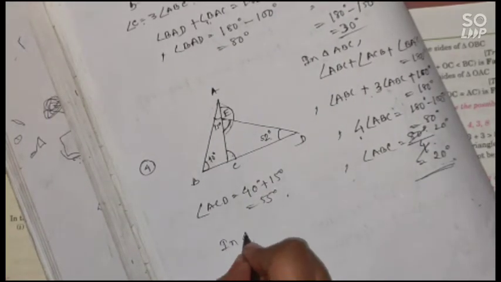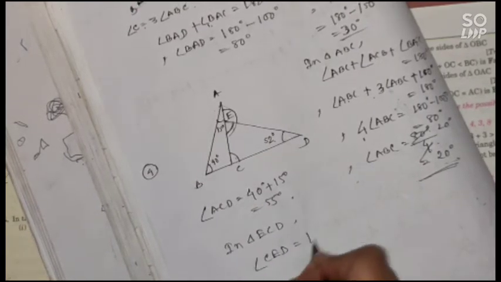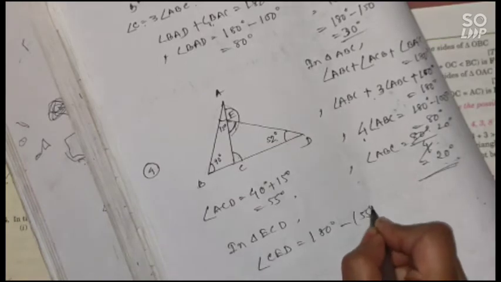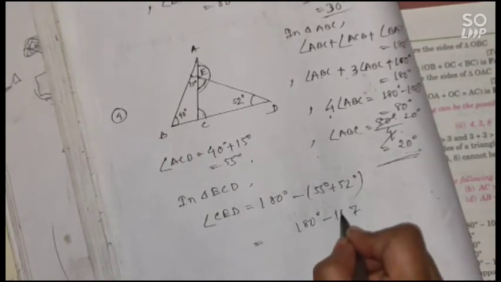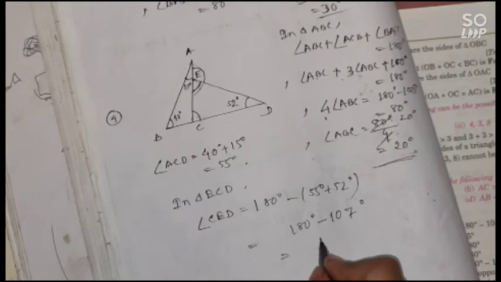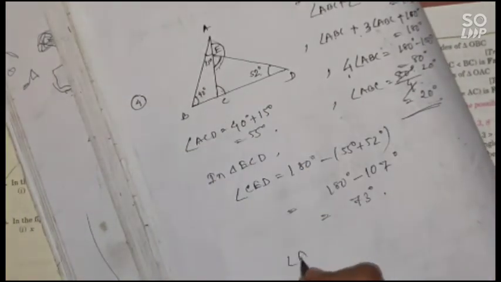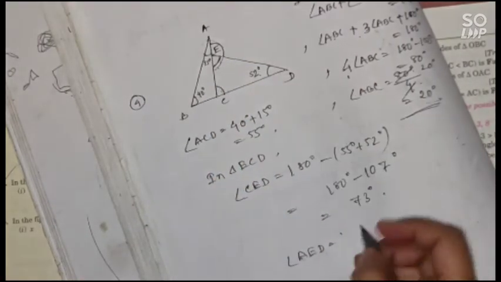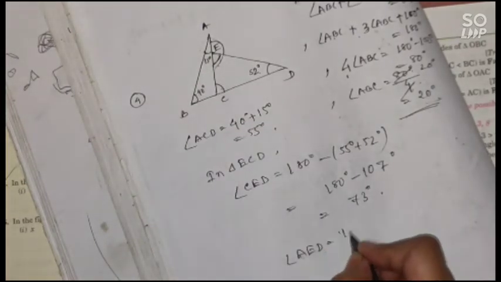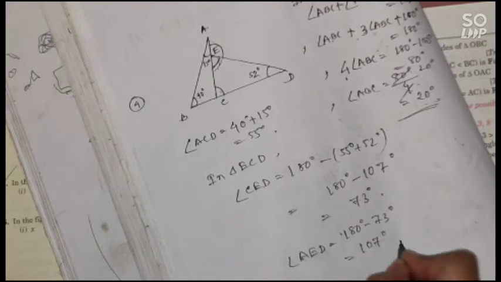So in triangle ECD, angle CED equal to 180 minus 55 plus 52, 107 degree, this is 73 degree. So the value of AED: AED and CED form a linear pair. So AED equal to 180 minus 73, that is equal to 107 degree.